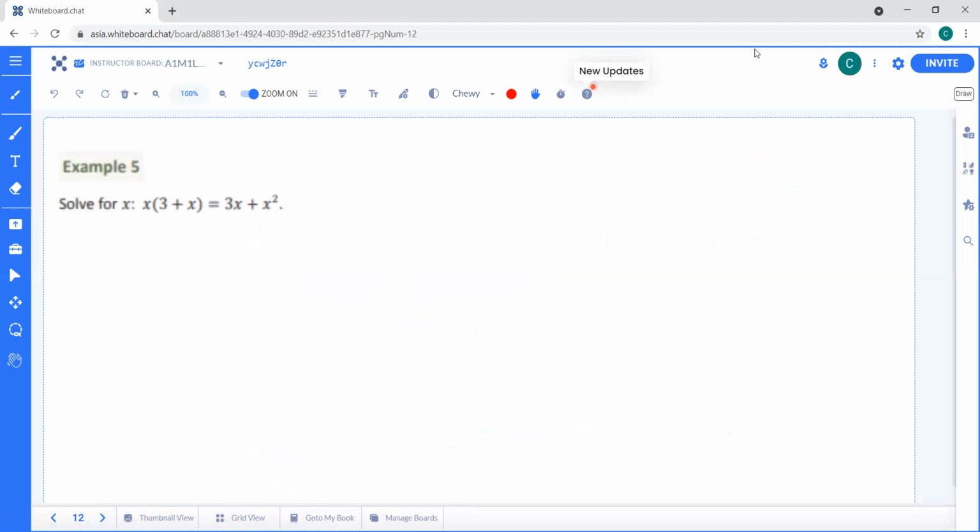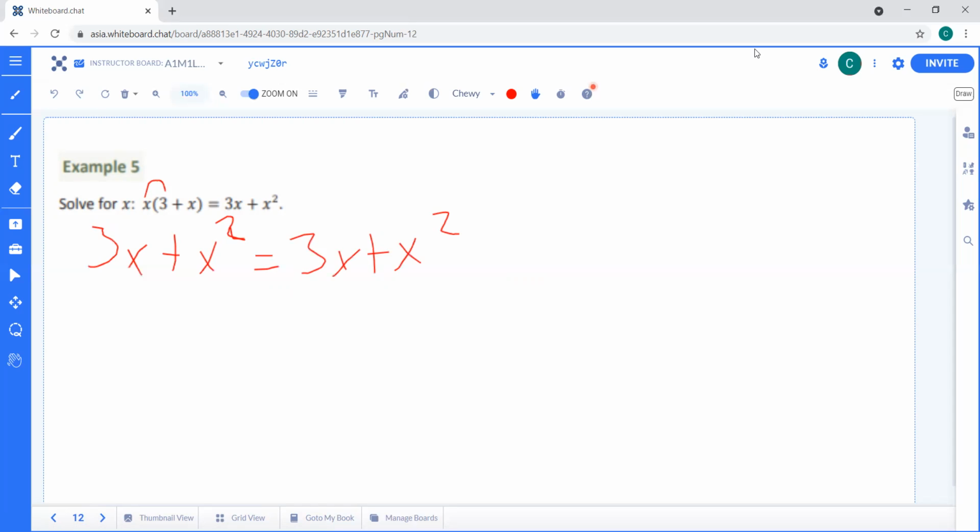12. Solve. Let's solve this. No, it just wants us to solve it. Okay. So for us to solve this, we would say what? Solve for X. Well, first we'd have to do the distributive property here. So that'd be 3x plus x squared is equal to 3x plus x squared.